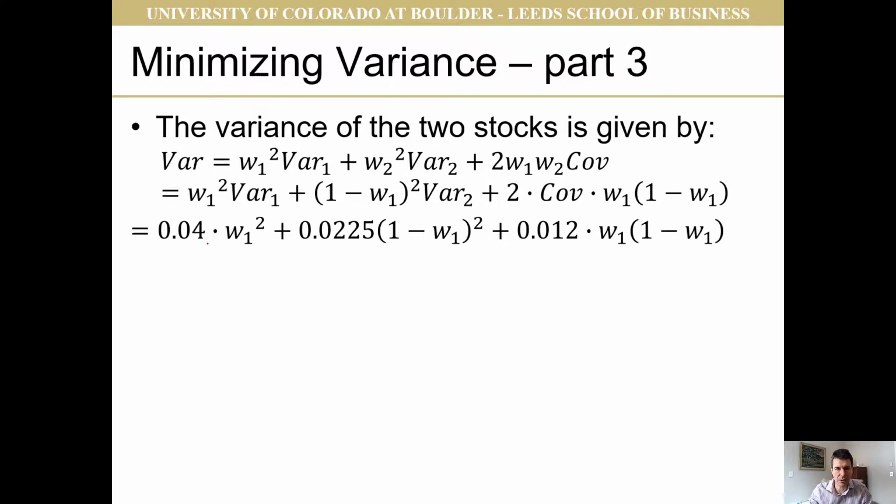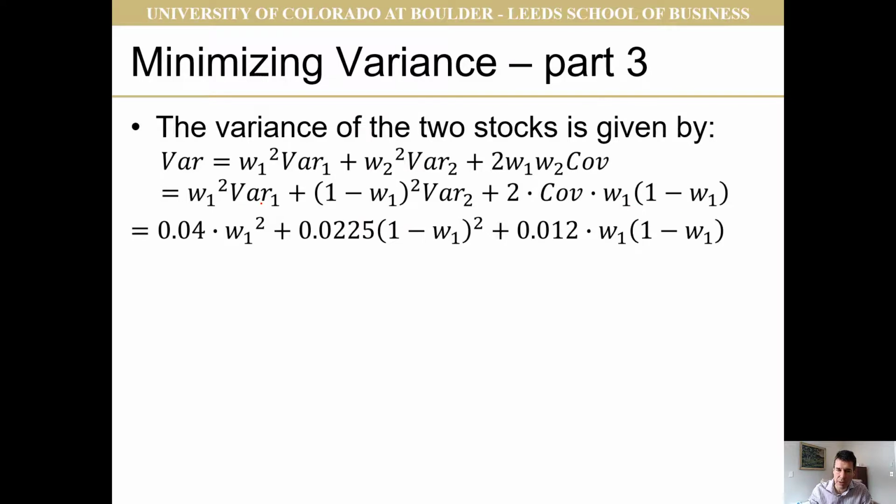The variance of the two stocks is given by weight 1 squared variance 1 plus weight 2 squared variance 2 plus 2 weight 1 weight 2 covariance. Weight 1 squared variance 1 plus, now we can substitute weight 2 with 1 minus weight 1. So (1 minus weight 1) quantity squared variance of the second stock, plus 2 covariance, weight 1 times 1 minus weight 1.